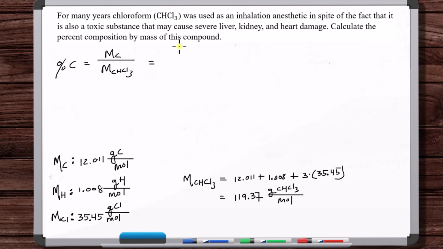Okay, so we've got grams of carbon per 1 mole of carbon divided by grams CHCl3 per 1 mole of CHCl3.